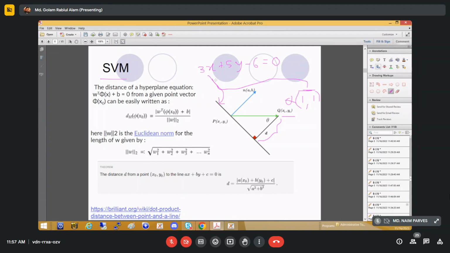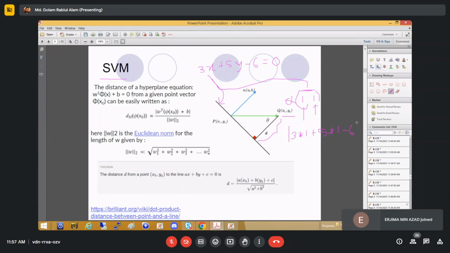So it will be 3 times x, where x is 1, plus 5 times y, where y is 1. Sorry, not minus, it is plus. And minus 6.